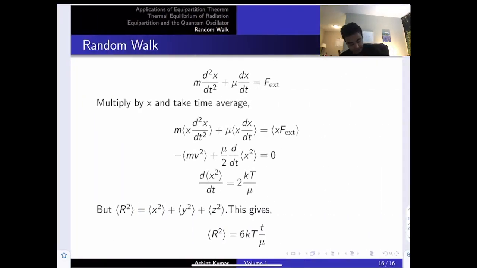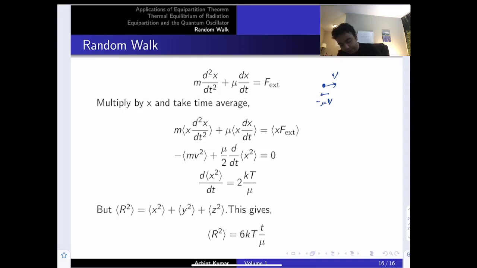Next, I would like to look at it in a continuous framework. So I'm imagining that there's a mass which is moving with some velocity v, and it experiences a drag force which is proportional to minus mu v, and then there's also some external fluctuating term.